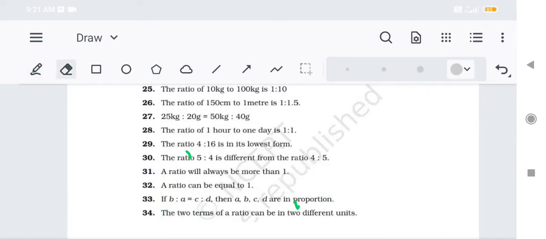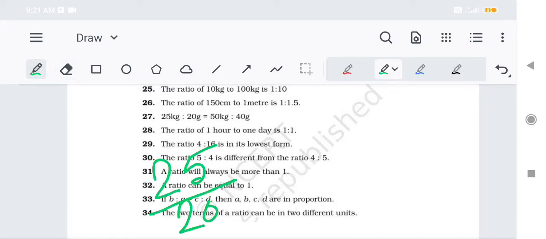In question number 27, the same thing is given, 25 by 20. Here it is given 25 kg is to 20 gram. So 20 gram will be converted to kg, or it will be better if you simply convert 25 kg into gram. So we are multiplying it by 1000. In the next part it is given 50 kg by 40 gram.